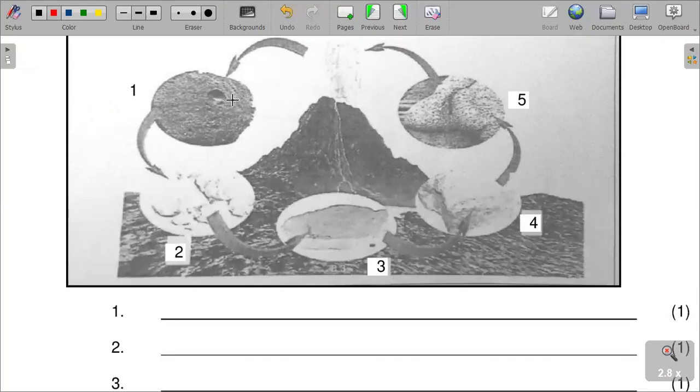So at 1, we can agree that this is igneous rock.